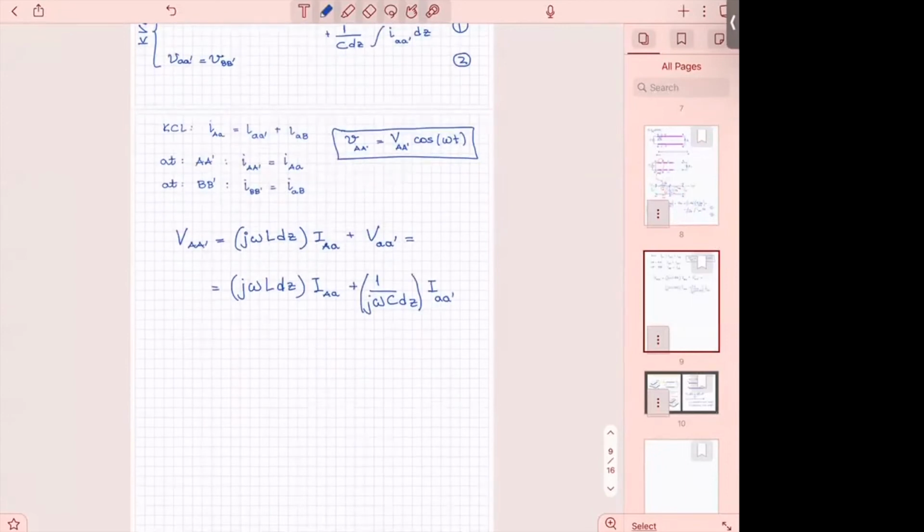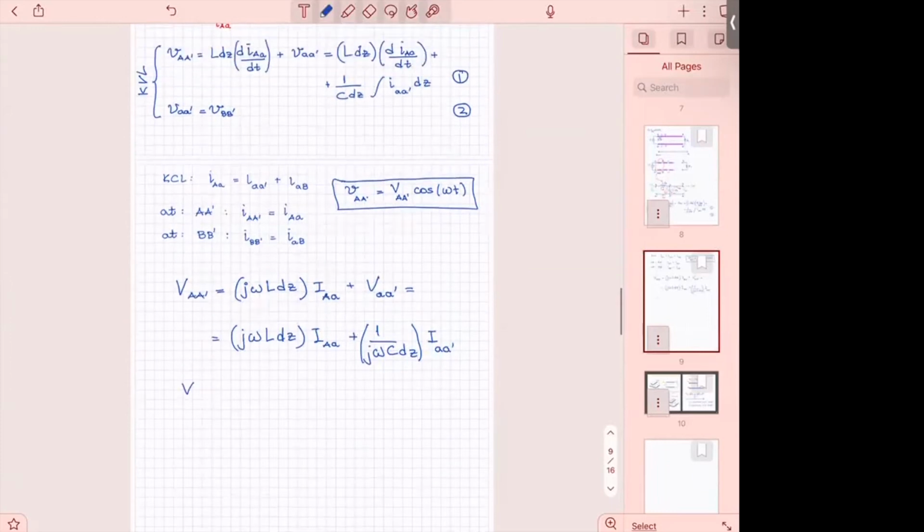And then we also have that V_A prime equals V_B prime.